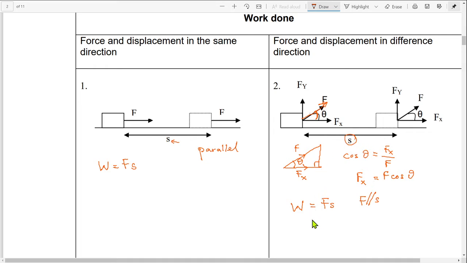So this F is actually my F sub x multiplied by s, but F sub x is equal to F cos theta, and then multiply by s. So I can rewrite this as Fs multiplied by cos theta. All right.